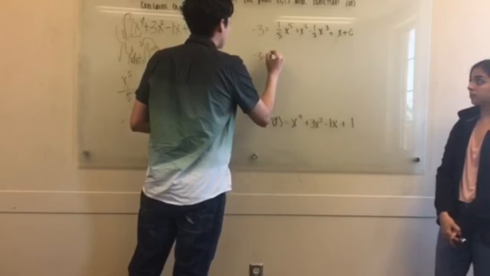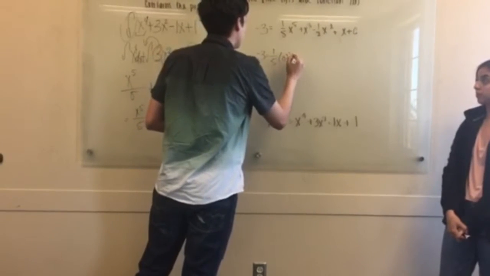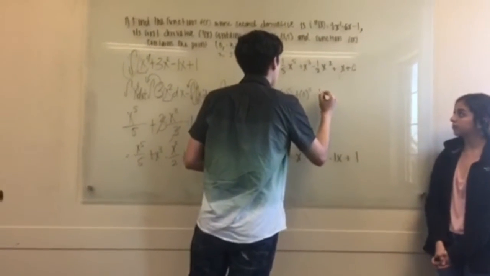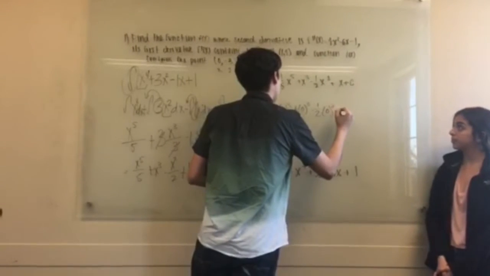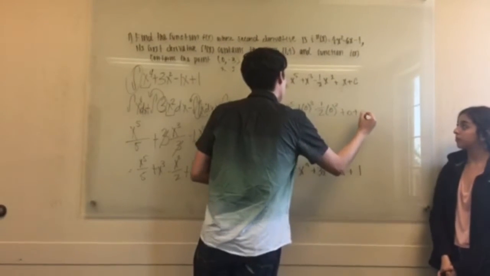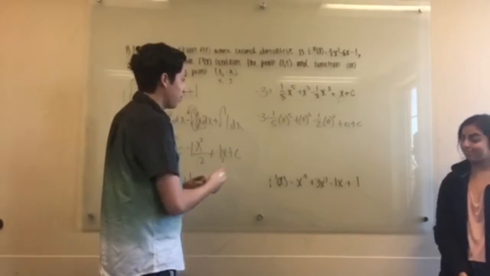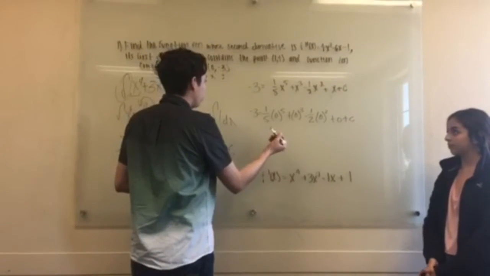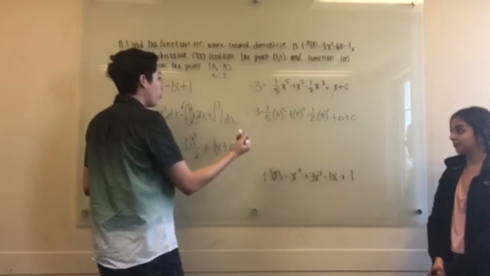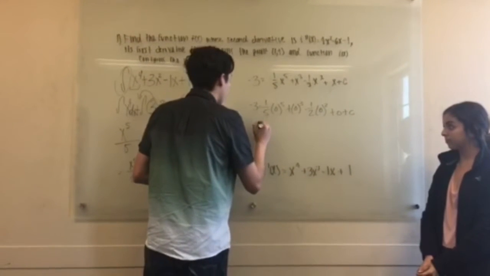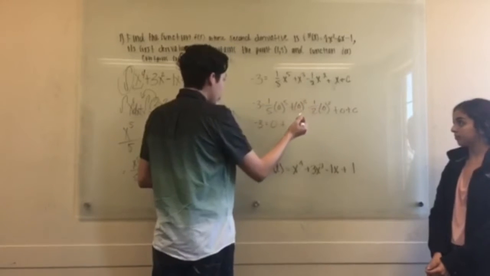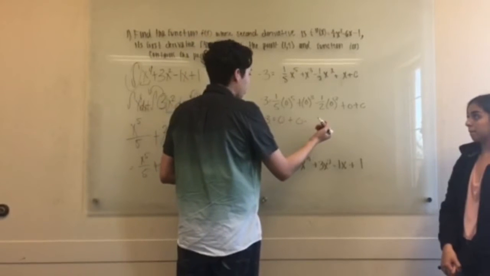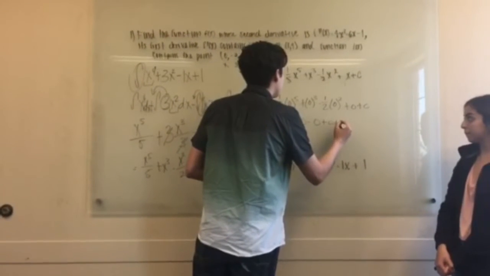Now, basic algebra. So 0 to the power of 5 is 0, and 1 over 5 times 0 is 0, then 0 cubed is 0, minus 0 squared is 0, and then you multiply 1/2 by 0, 0 plus 0 plus c.